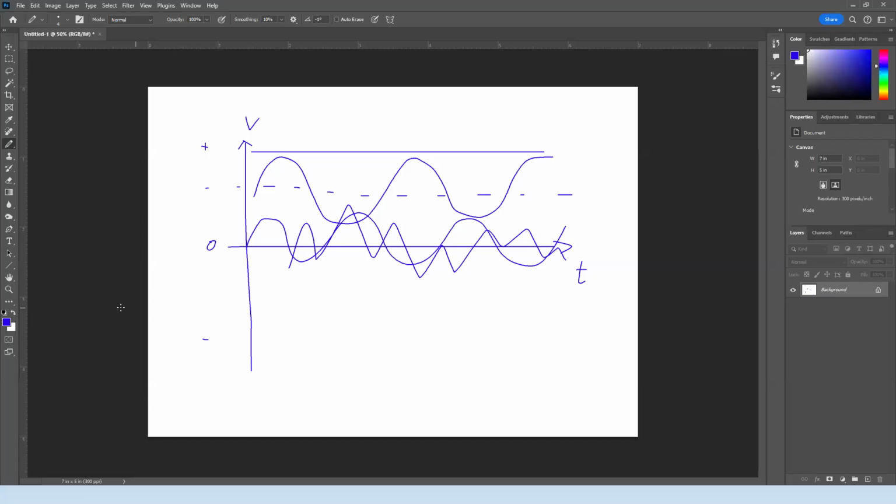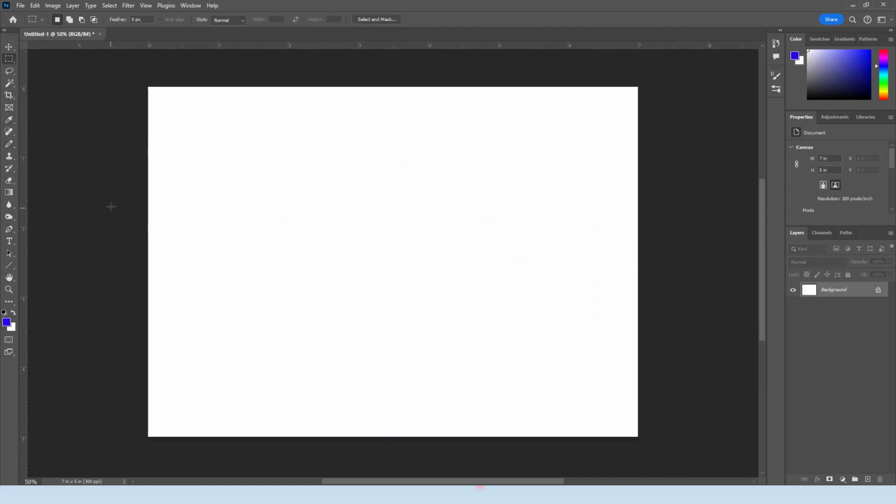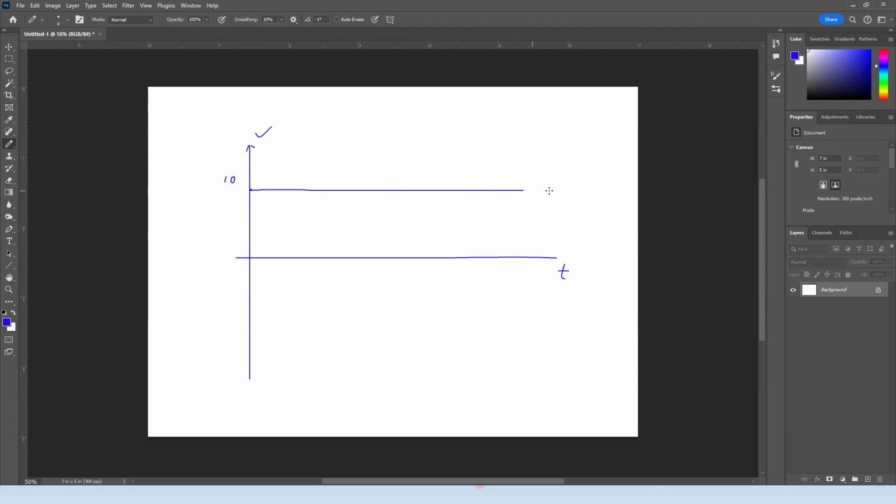There are X and Y axes here, and here's, let's say, 10 volts. So here's the voltage, here's the time. And let's say that we have a flat line going right at 10 volts, we always have 10 volts here.